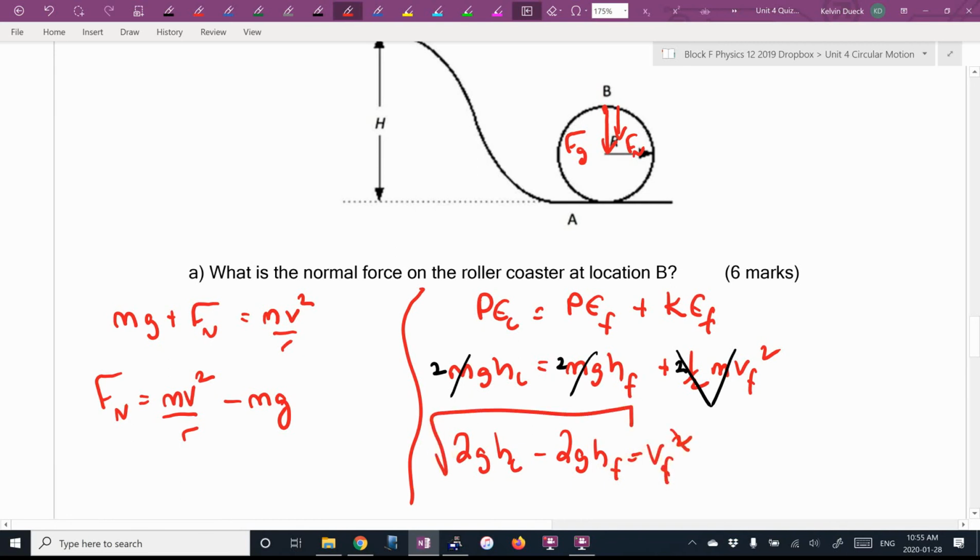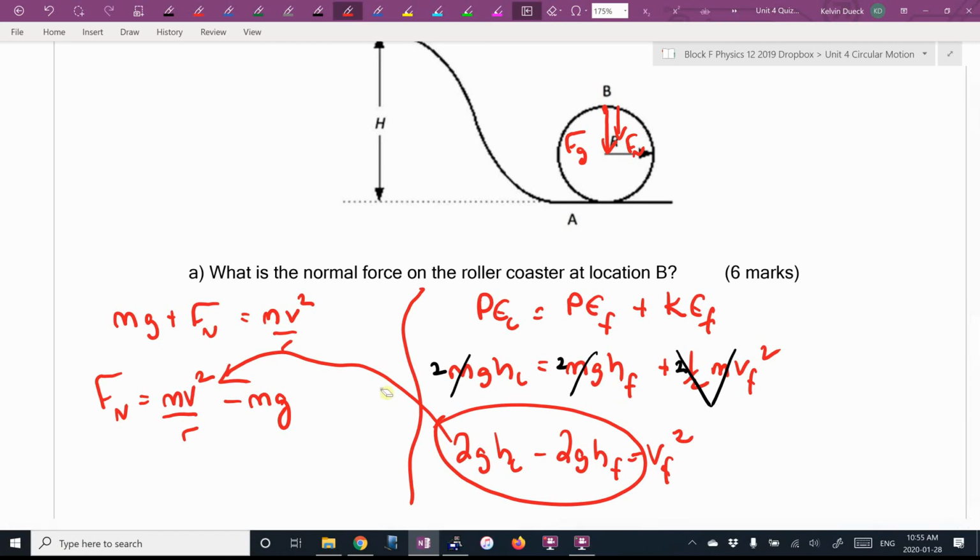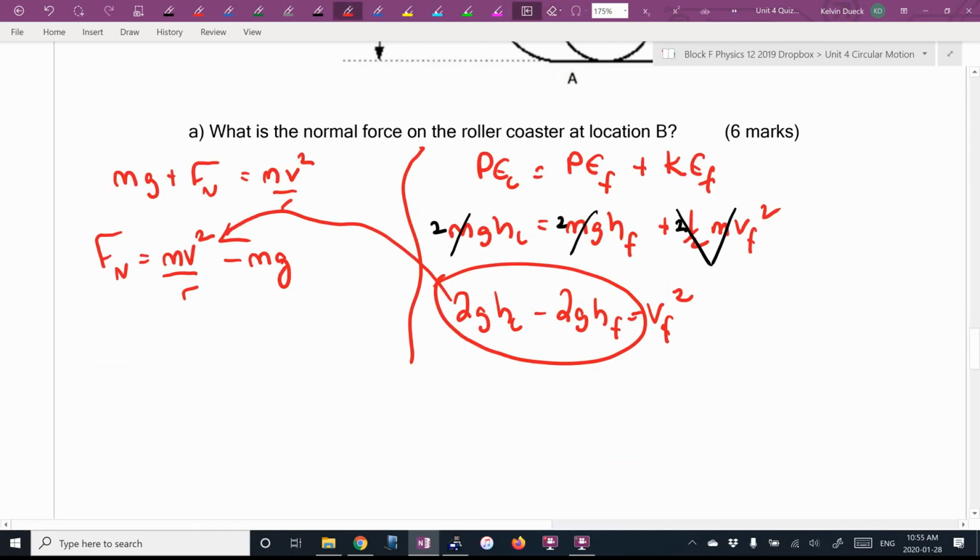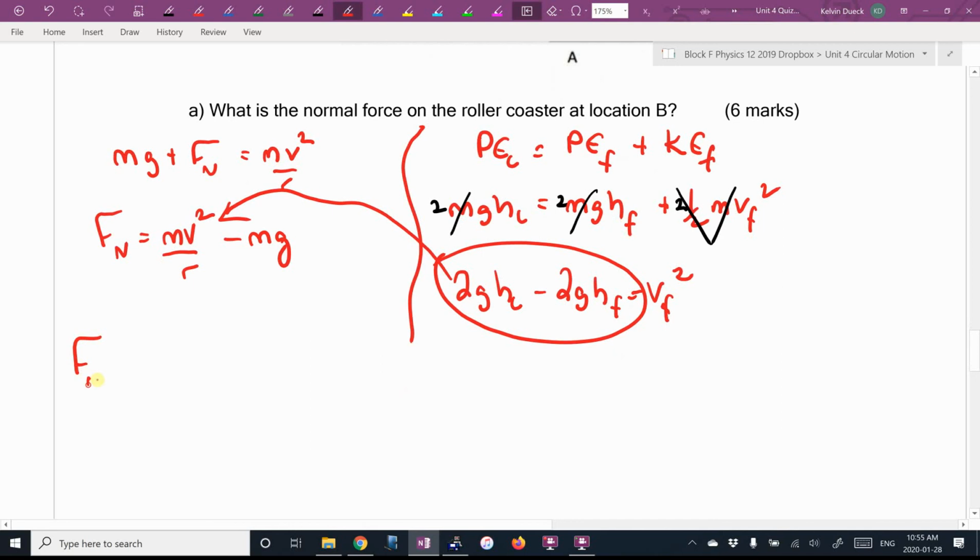How do I get rid of this? Well, I could leave it like that and plug this whole thing right into there. It's going to be a little yucky, but I think I'll do that just for fun. So the normal force equals m bracket 2gh initial minus 2gh final all over r, minus mg.